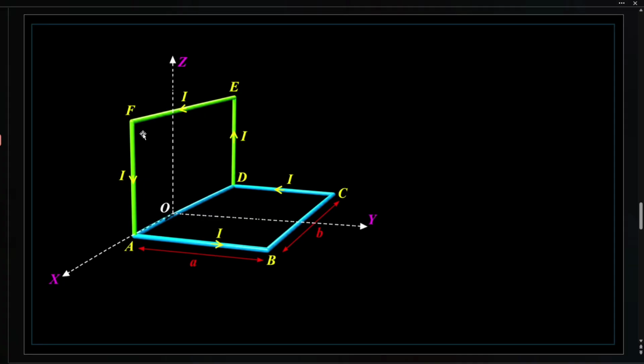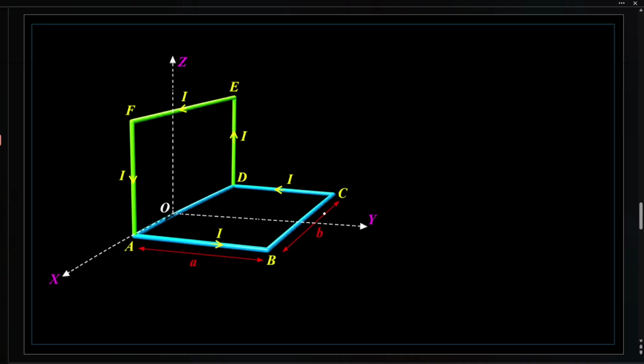Now you can use this idea to solve this question on your own, or you can see the solution here. Now let's start solving this question. If you consider the first loop ABCD, it has an area equal to A into B, because A is the length and B is the breadth.